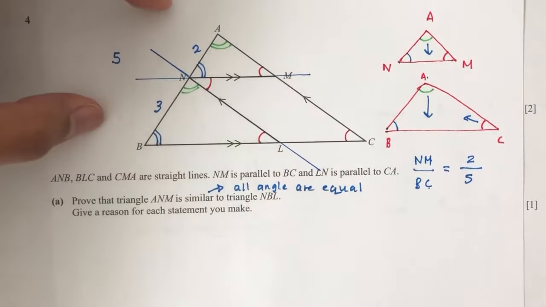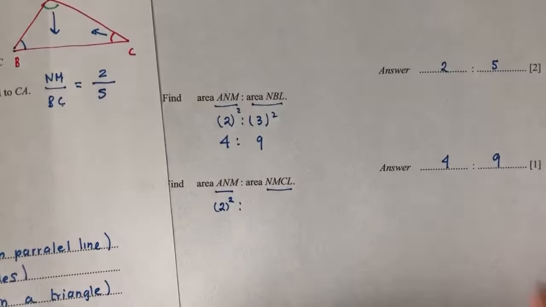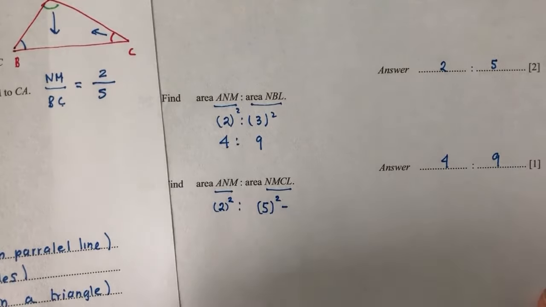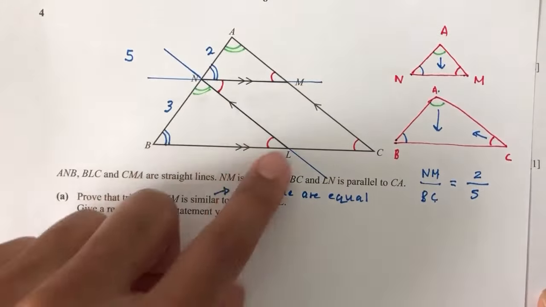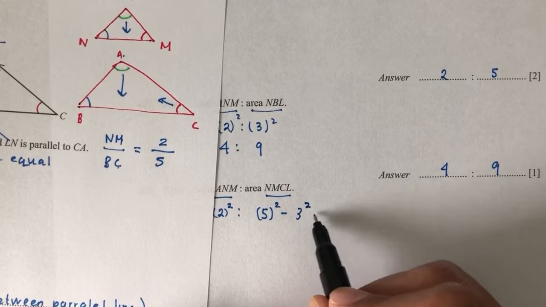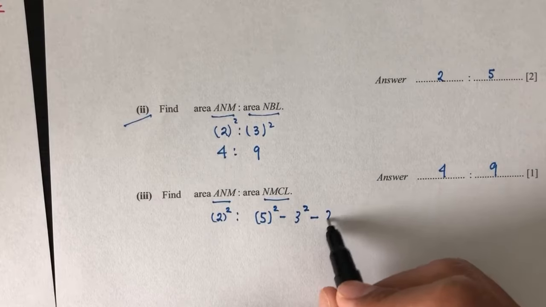So big one, let's take the corresponding side. Big one is 5. So we will do 5 square minus, because it's area we have to square, minus this one, which is 3 square, and minus the small one here, which is 2 square.